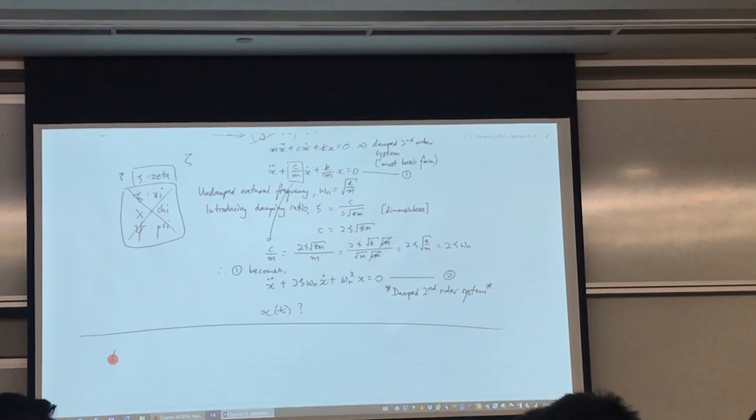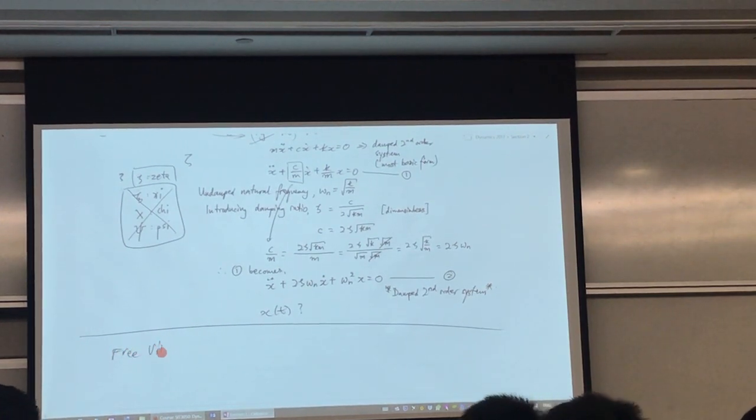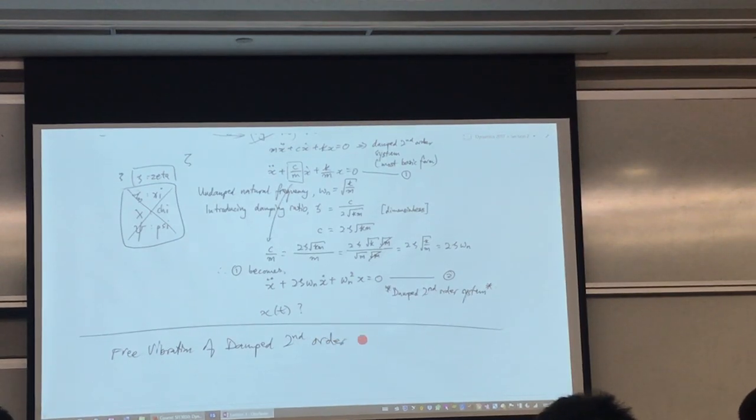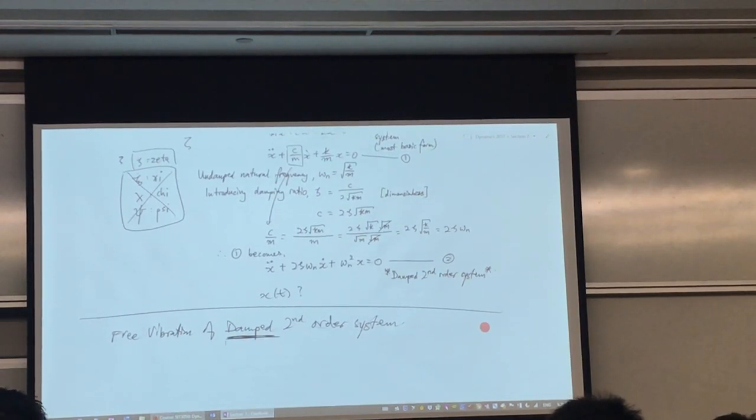So let's have a look. Free vibration of damped second order system. Remember, we're talking about a damped system, no longer an undamped system. So we need to have these initial conditions.